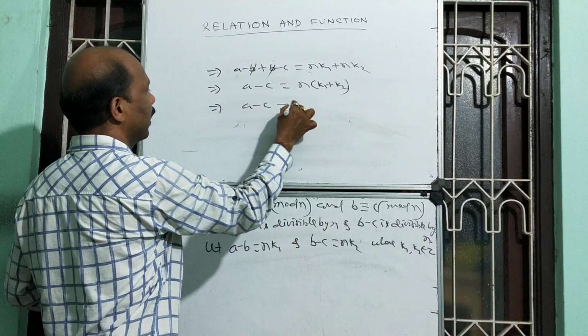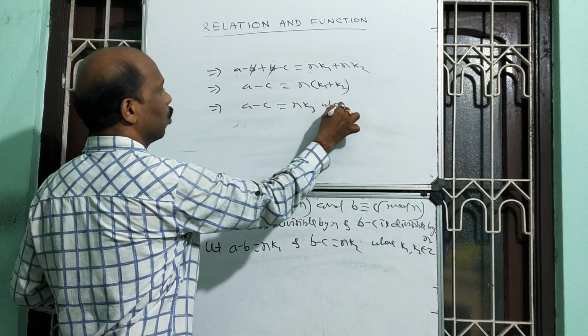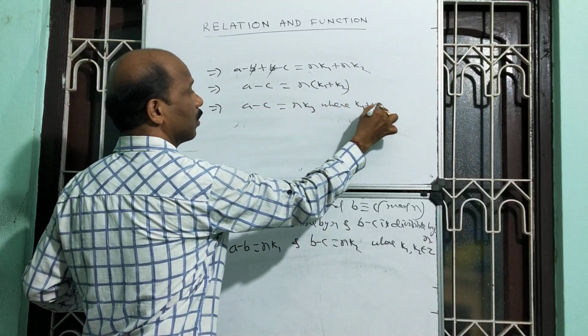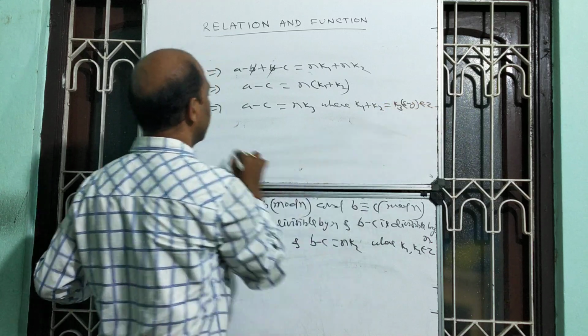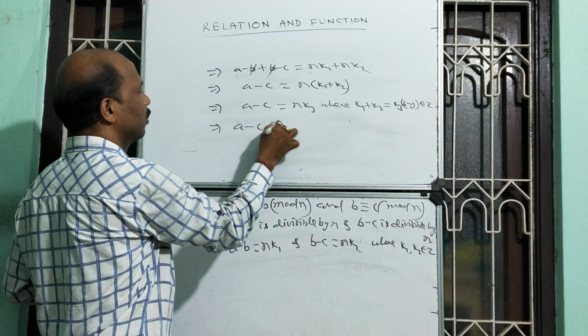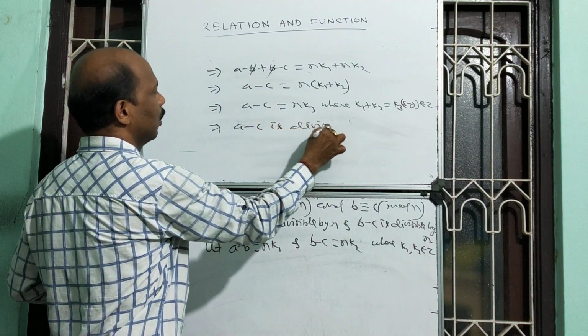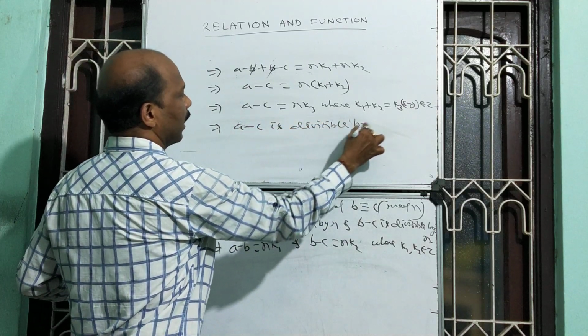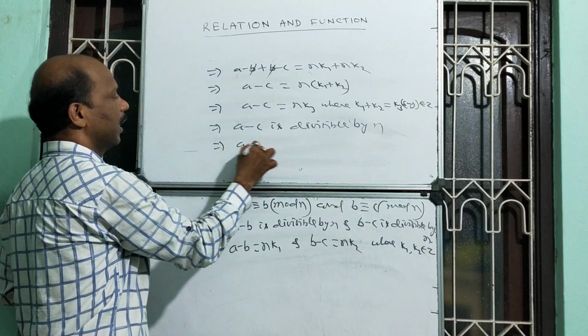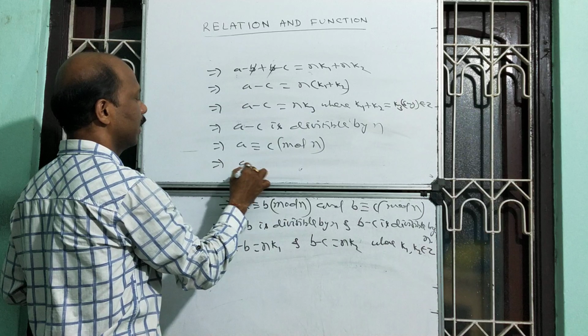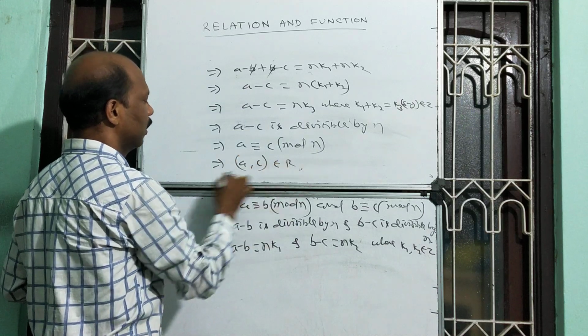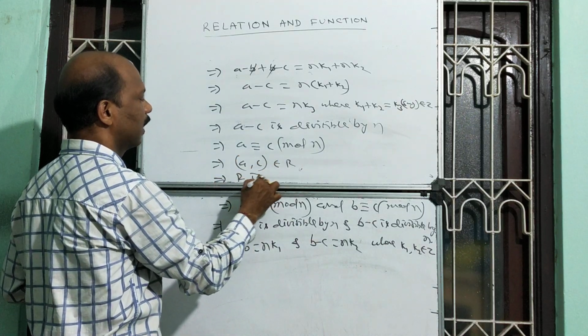That implies a minus c is equal to n k3, where k1 plus k2 is equal to k3, say, belongs to Z. That implies a minus c is divisible by n. That implies a is congruent to c modulo n. That implies (a, c) belongs to R. That implies R is transitive.